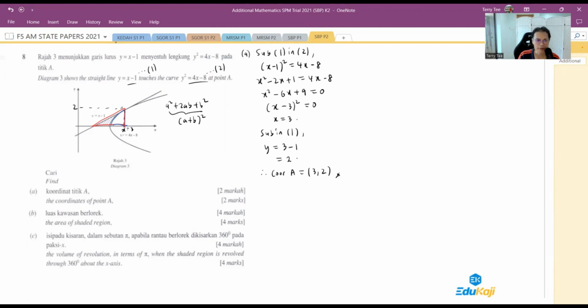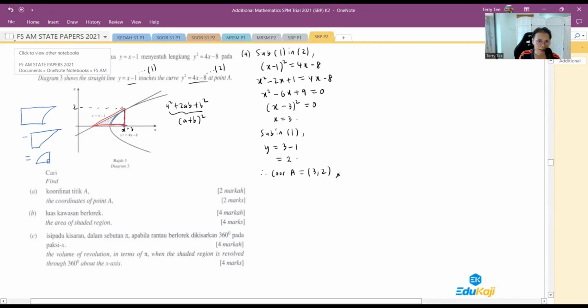Having said that, some students may say, why don't we take this curve minus this trapezium? You will still get the same answer. But in this case, you'll be integrating with respect to y, because I'm integrating in this direction here. So either way can, but I think it's easier to find by integrating with respect to x.